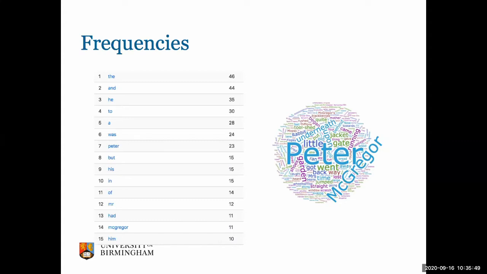So for corpus linguistics, we like to think about functions of different words, and we like to start with raw frequencies and then think about implications of words in different groups, words with different functions. So these are different ways of looking at frequencies of words.